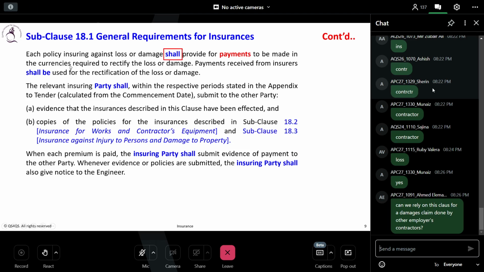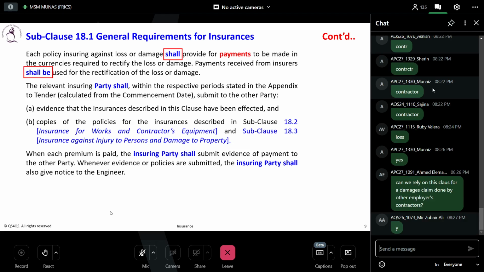Each policy insuring against loss or damage shall provide for payment to be made in the currencies required to rectify the loss or damage. So remember the currencies: in a condition of contract, a particular currency is always mentioned for payment and everything. If there is more than one currency, that also should be mentioned. Okay, so currency is very important.